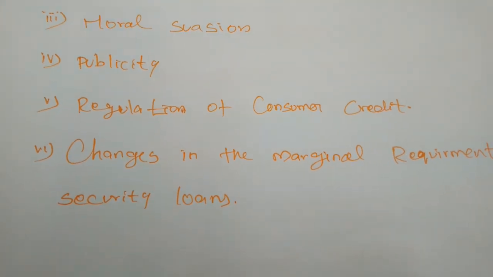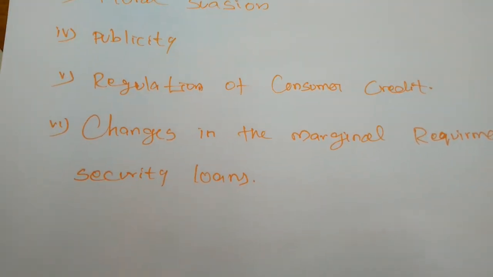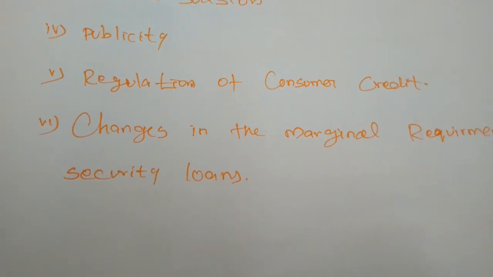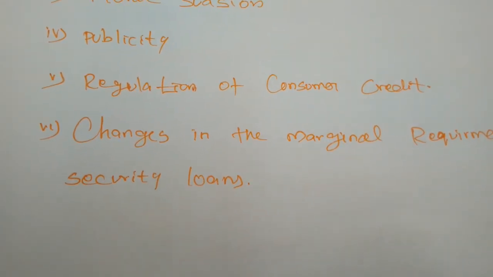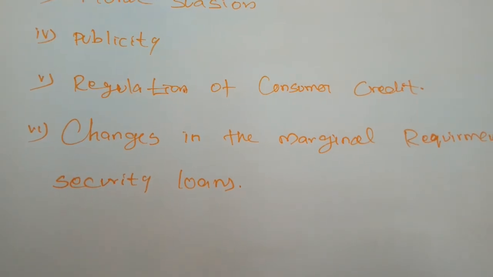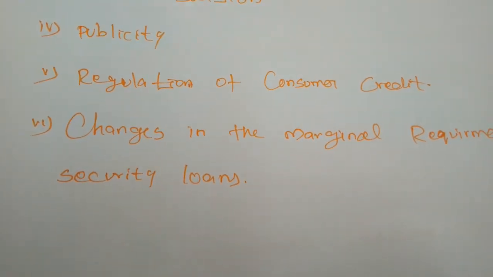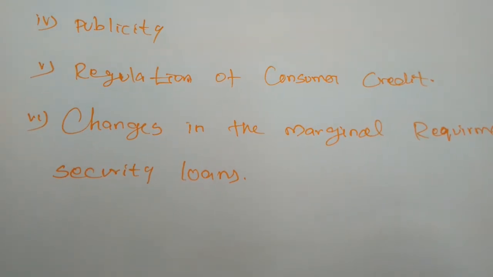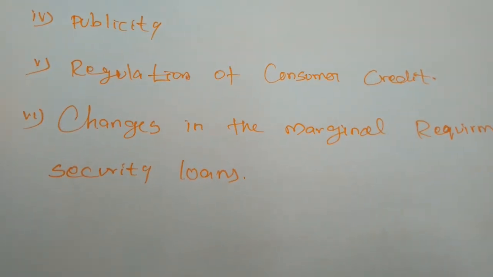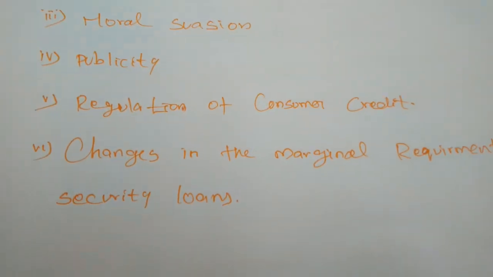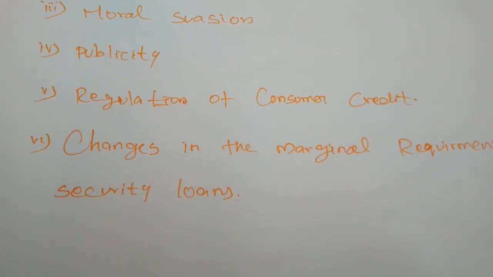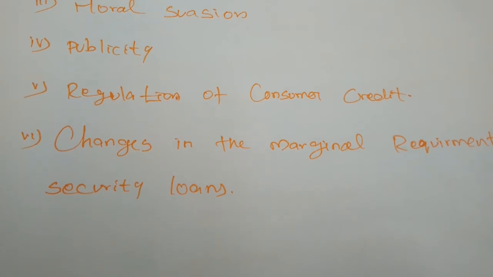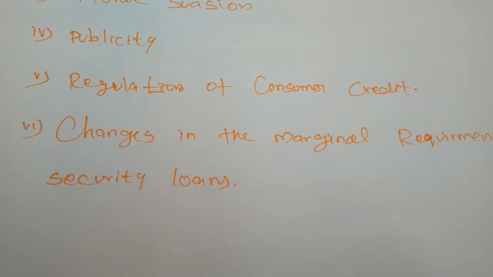Next, publicity. The central bank, in order to make the policy successful, takes the medium of publicity. A policy will be effectively successful only when an effective public opinion is created in its favor. So normally the Reserve Bank of India publishes or notifies all the credit control policies directly to the public.